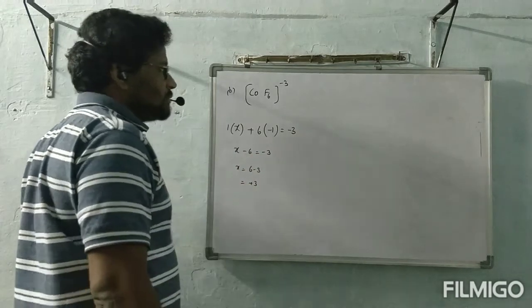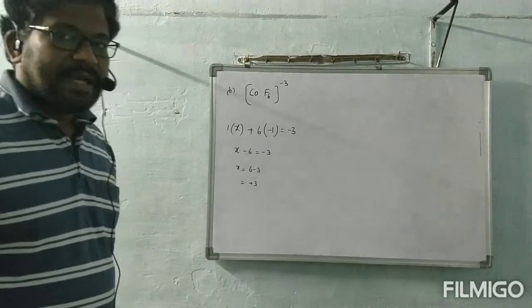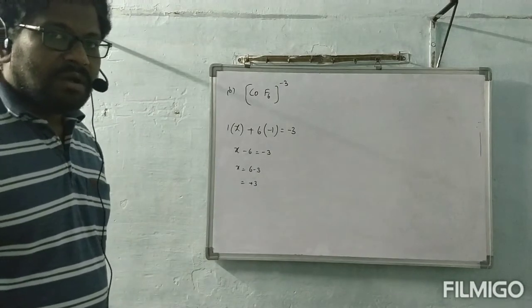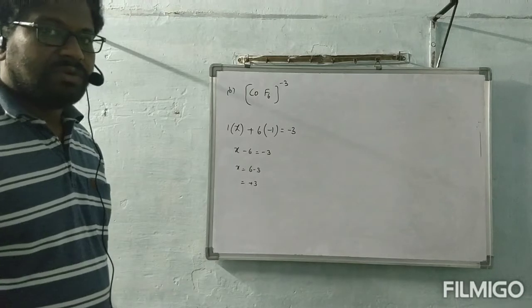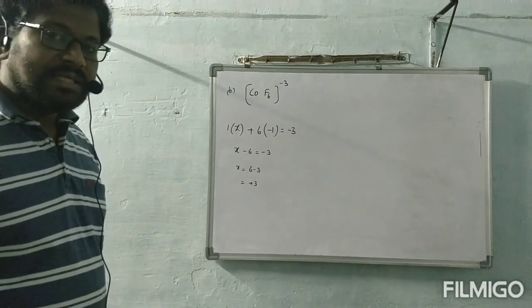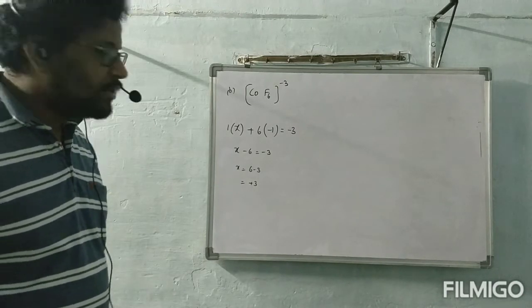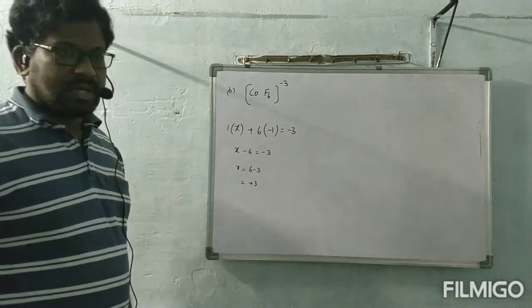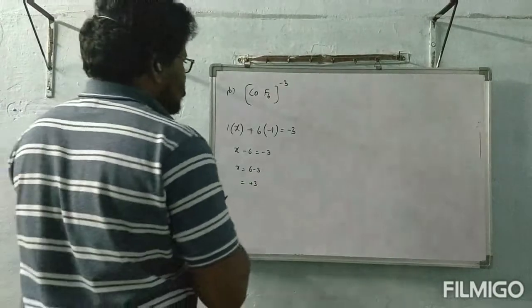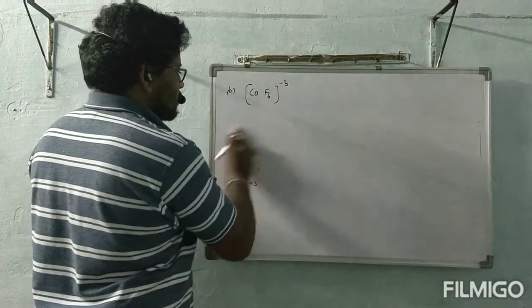So what is the oxidation number of cobalt? Plus 3. In the previous example, what is the electronic configuration we wrote for Co+3? The same electronic configuration we will write here again. Okay, now let us see. I am going to write the electronic configuration of Co+3 directly.